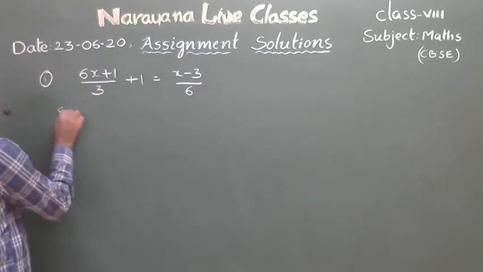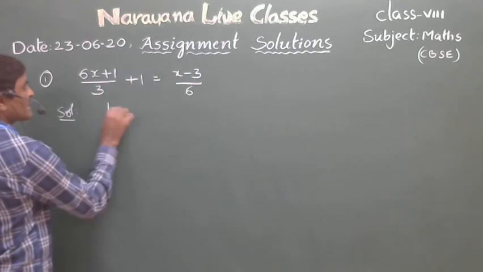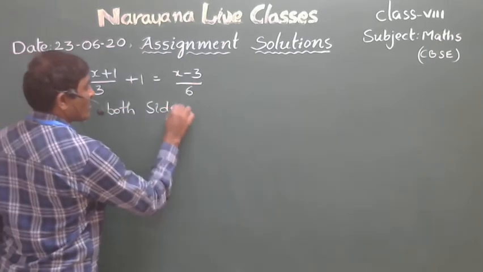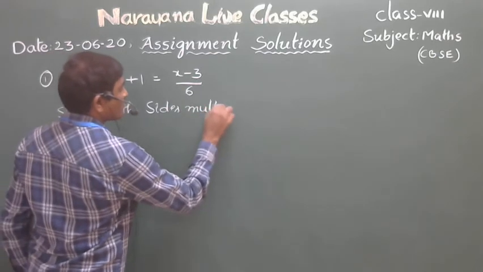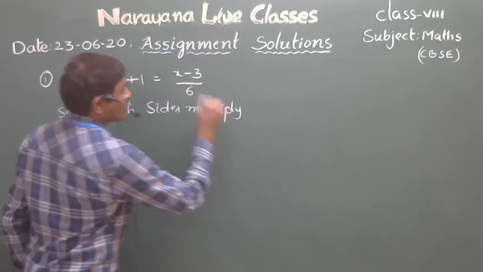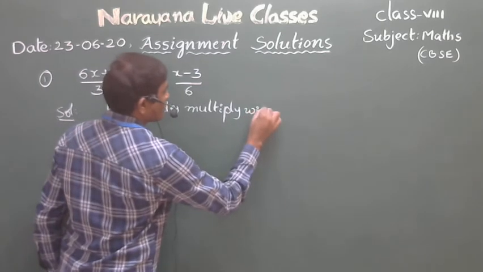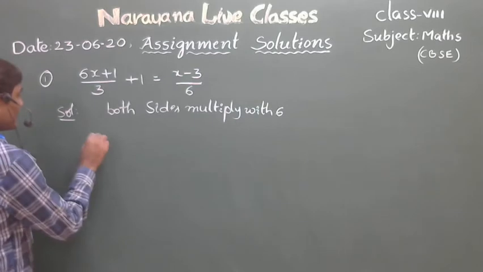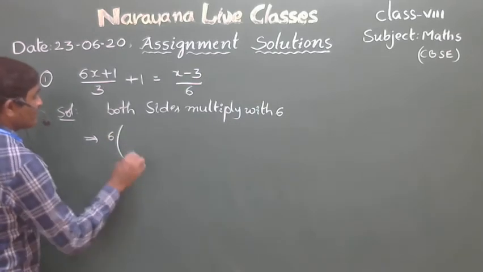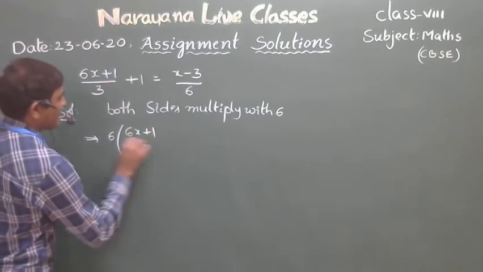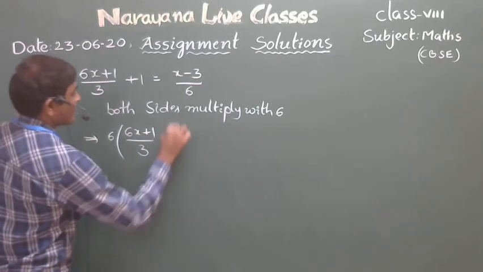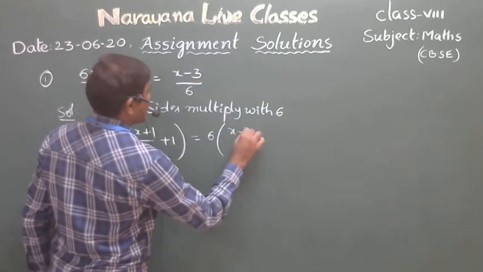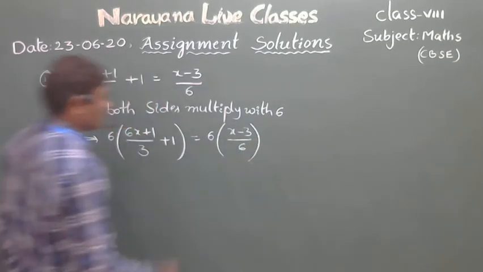In the solution part, multiply both sides with 6. We get 6 into (6x+1)/3 + 1 equal to 6 into (x-3)/6.